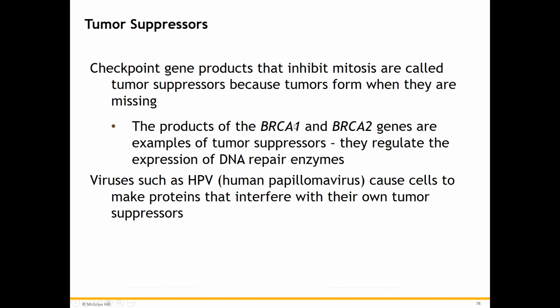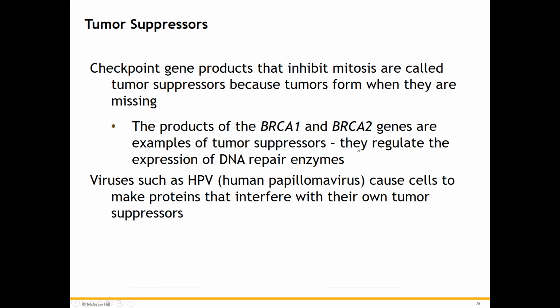BR for breast, CA for cancer. The BRCA genes are examples of tumor suppressors, and they regulate the expression of DNA repair enzymes. The BRCA genes would turn off any cell that wants to go through cell division that doesn't need it yet.